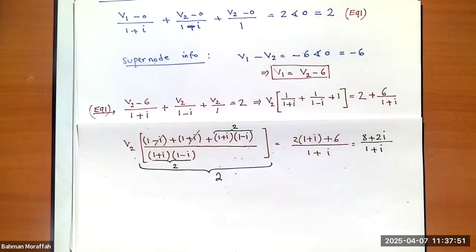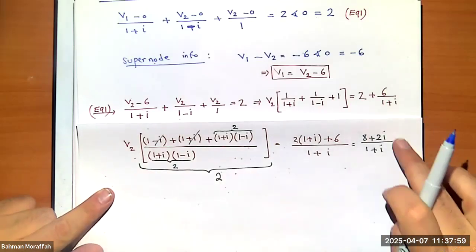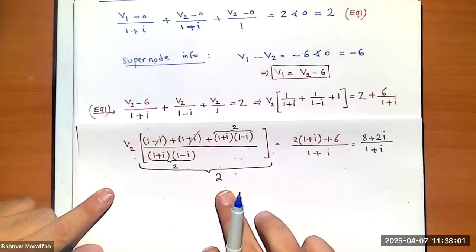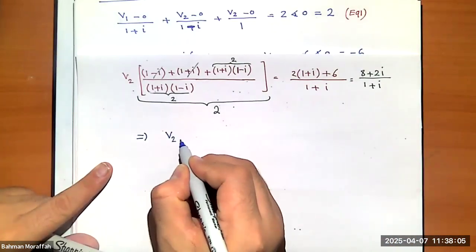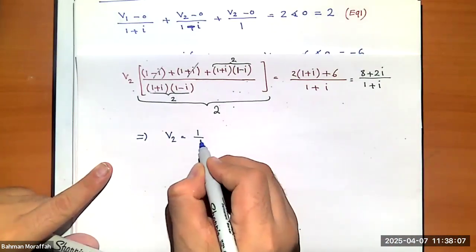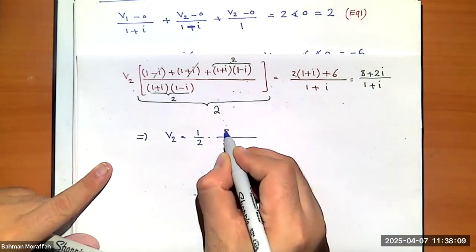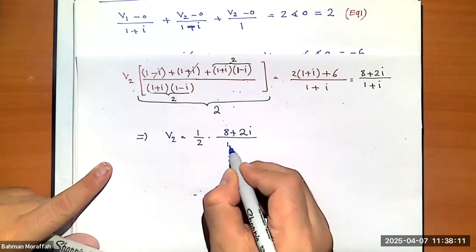Right? What is V2 then? What is V2? Well, V2 is this number divided by 2. Right? So V2 is half times 8 plus 2i divided by 1 plus i.